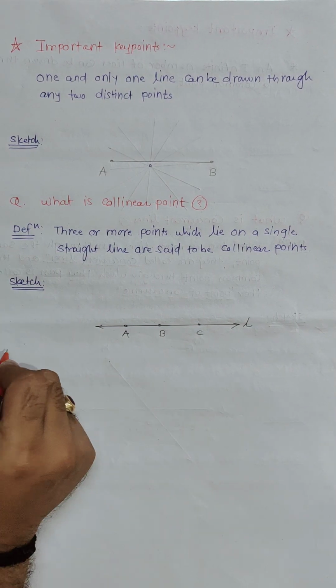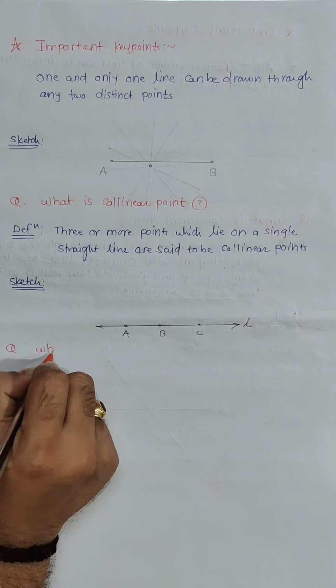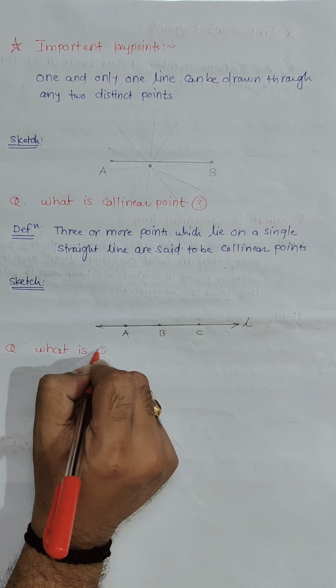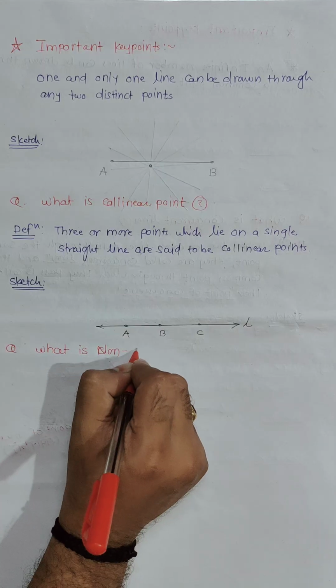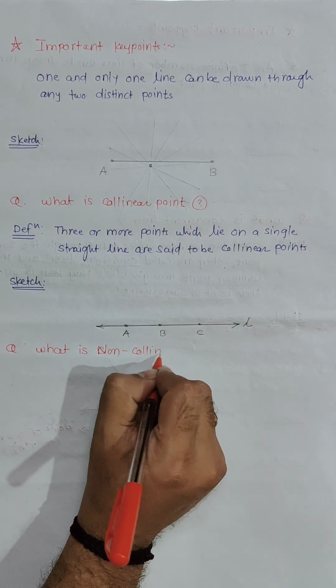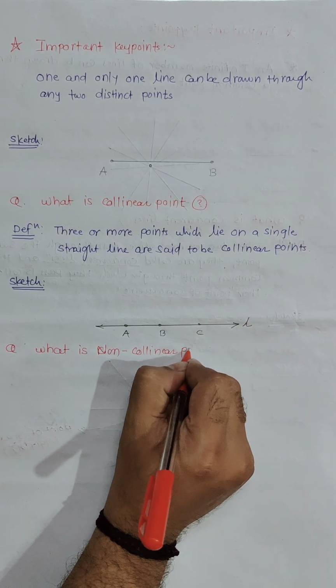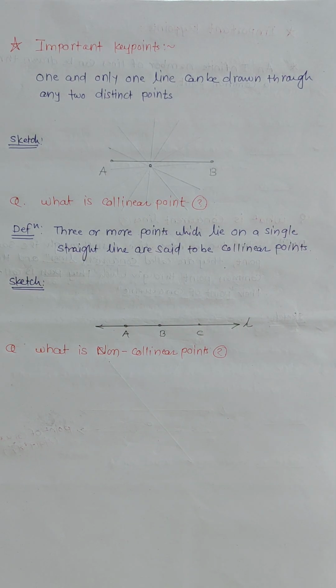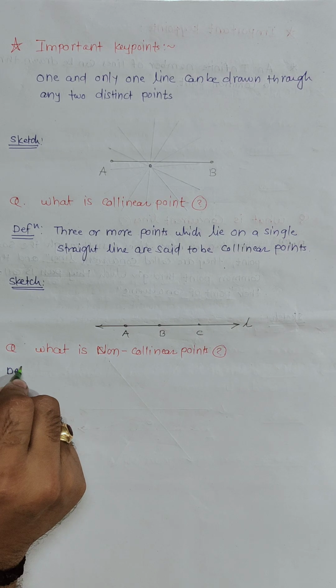Next, what is non-collinear points? Here, the first point is the definition.